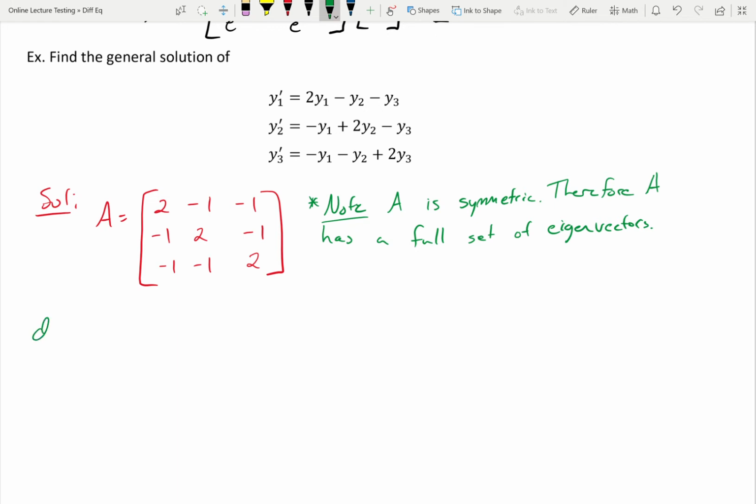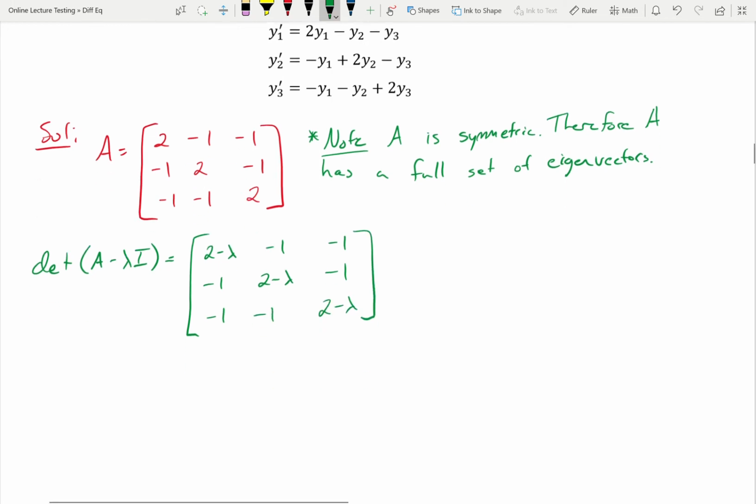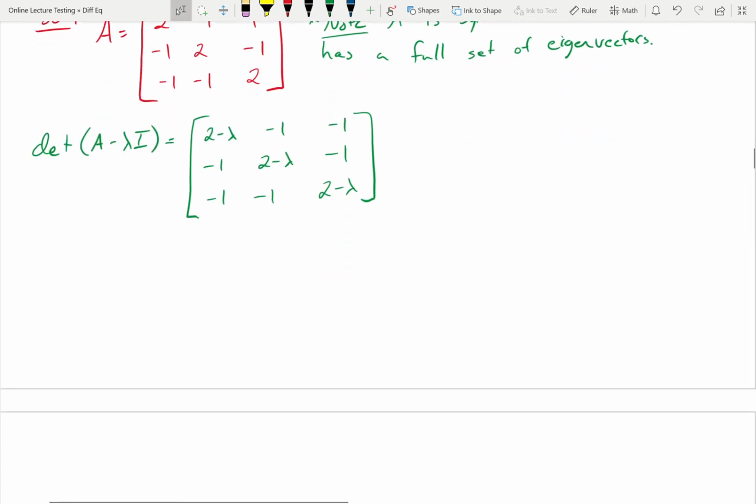So let's look at the determinant of A minus lambda I. Here we are going to get 2 minus lambda, -1, -1, -1, 2 minus lambda, -1, -1, -1, 2 minus lambda. All right. When calculating the determinant, we're going to deal with the minors again.